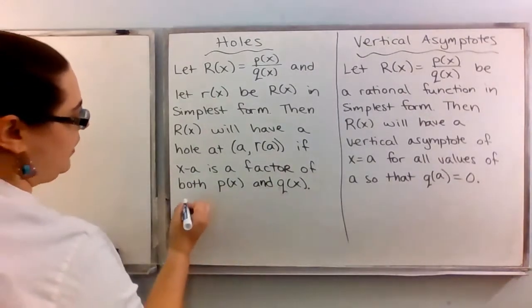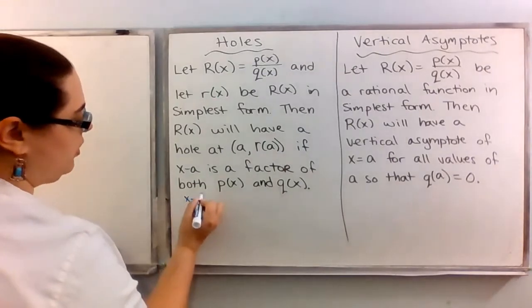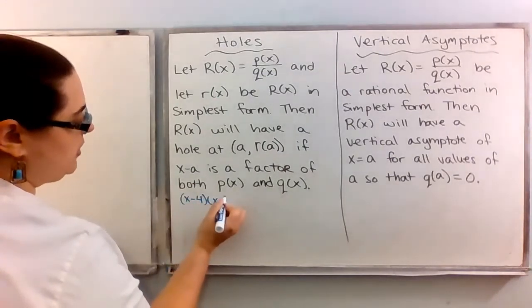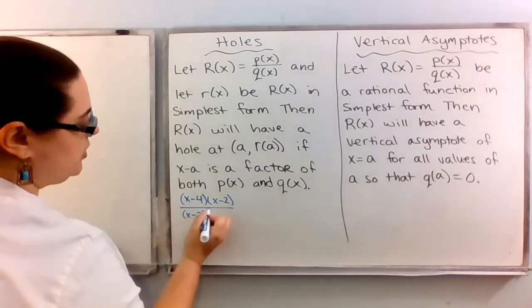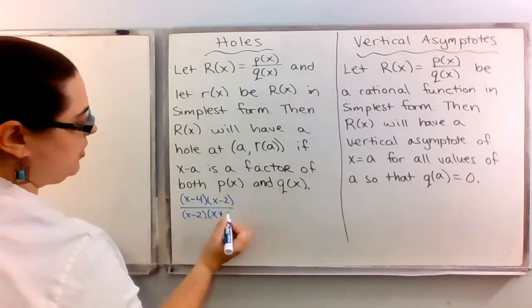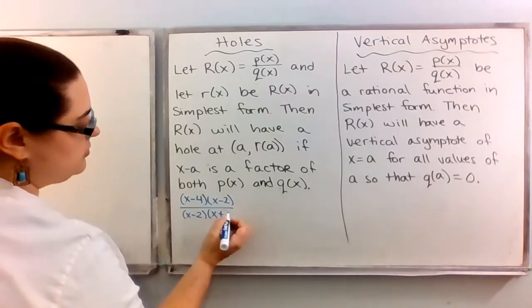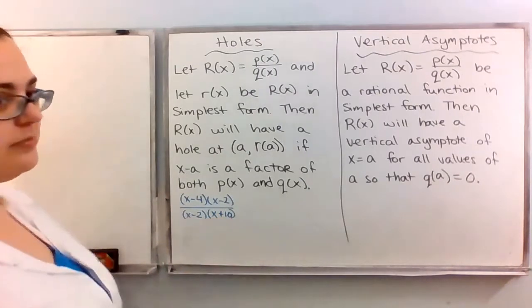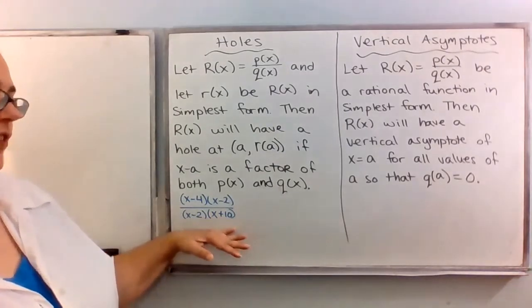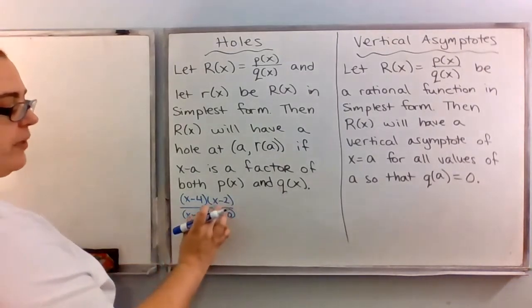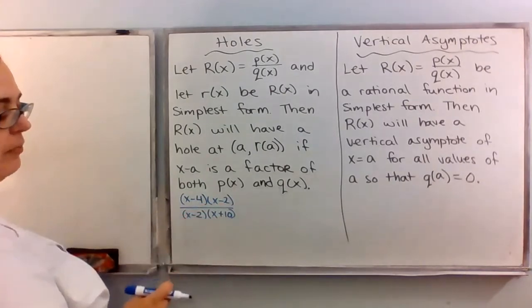So let's say I have x minus 4 times x minus 2 over x minus 2 times x plus, I don't know, 10. We'll see if this works. So if I have this rational function, I notice that x minus 2 is a factor of the top and the bottom.